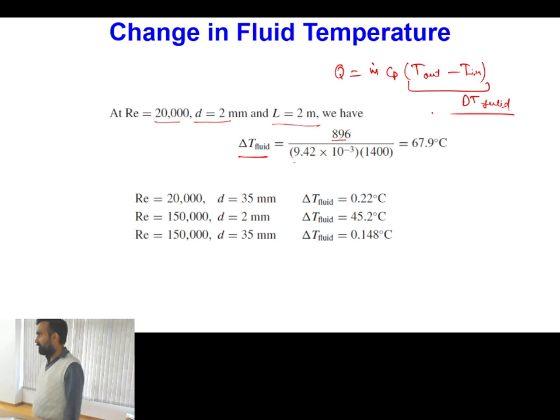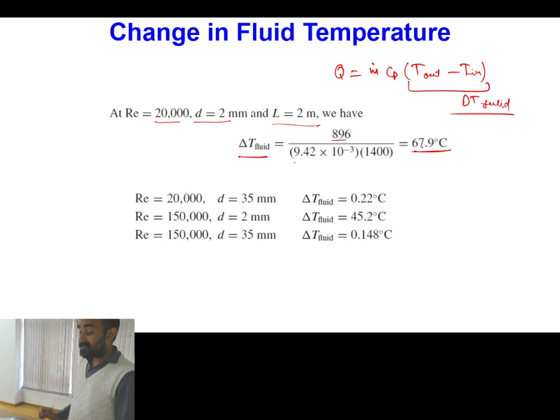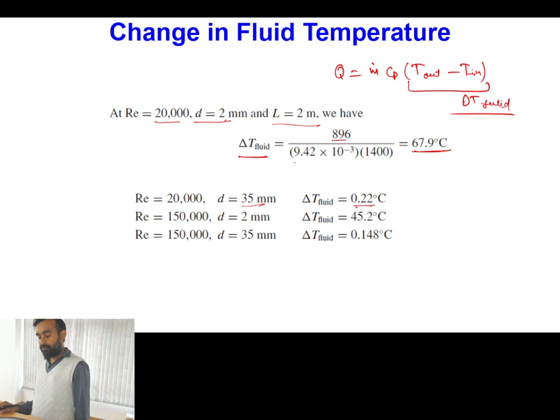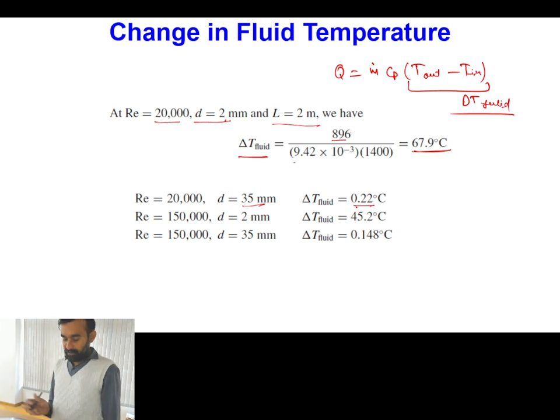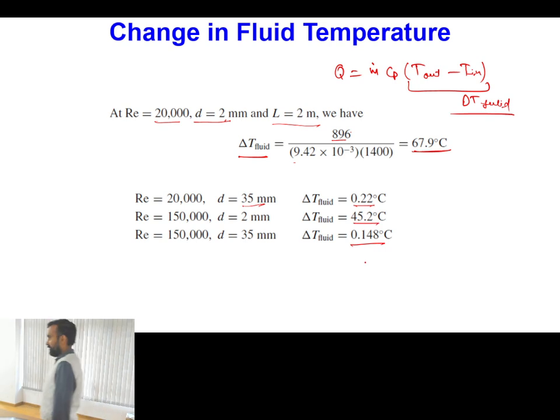Once we use this information, we get that the change in temperature of the fluid will be 67.9 degrees Celsius if we consider a Reynolds number of 20,000 and 2 mm diameter. However, if I consider 35 mm, then the change in temperature will be only 0.22 degrees Celsius for the same heat input, and for 150,000 it will be 45.2 and 0.14 degrees Celsius.